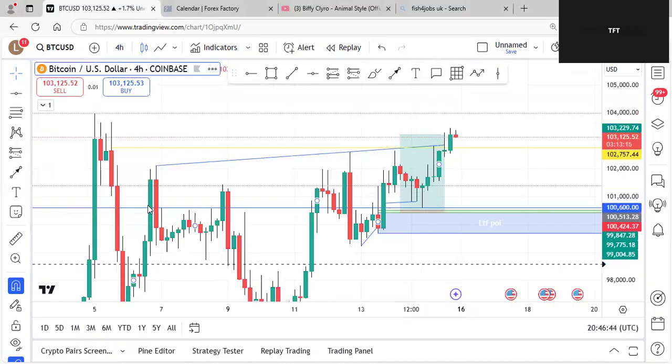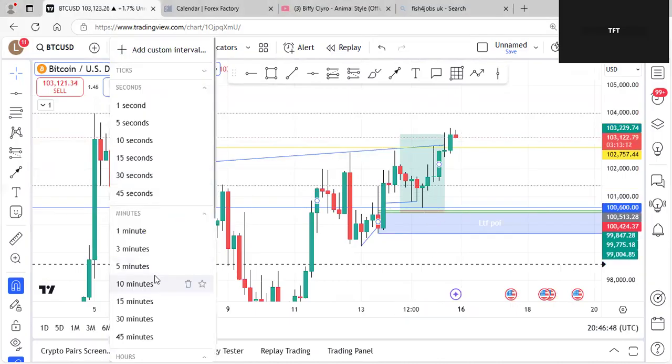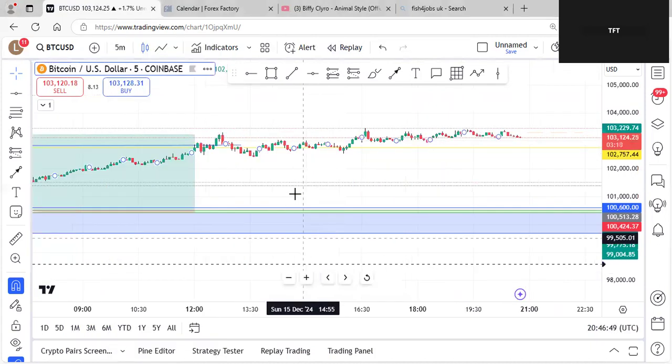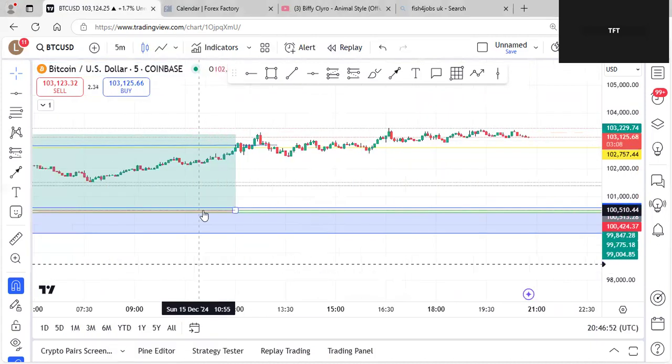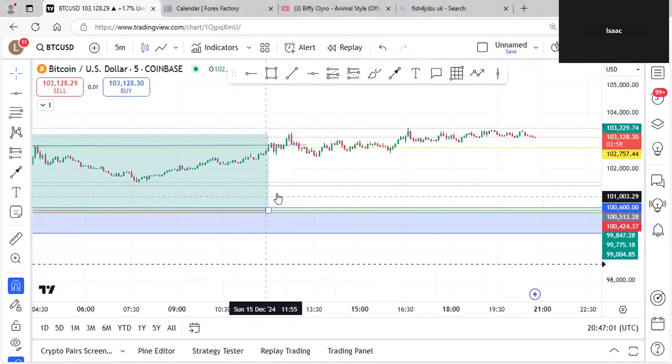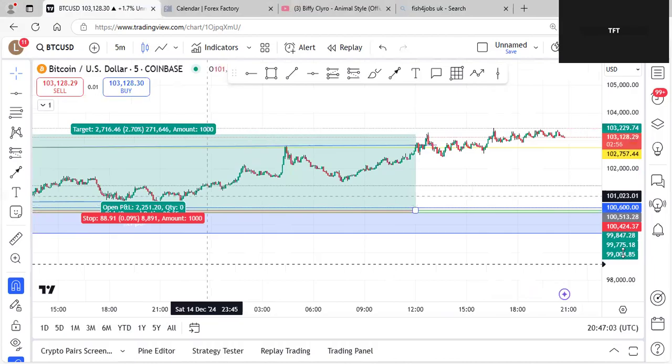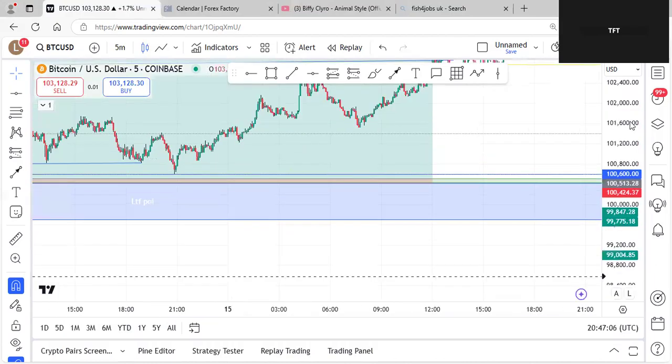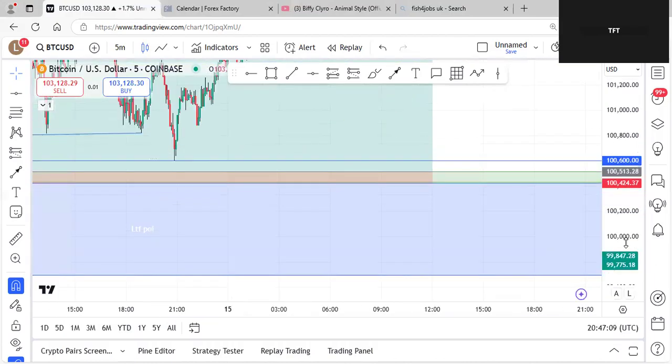I don't normally look at the quarter numbers or anything, but my entry was at about a nice number. So yeah, the 100,500 mark was just inside of my entry. So I was hoping it was, like I say, just going to tap me in and clear off, but it wants to be.